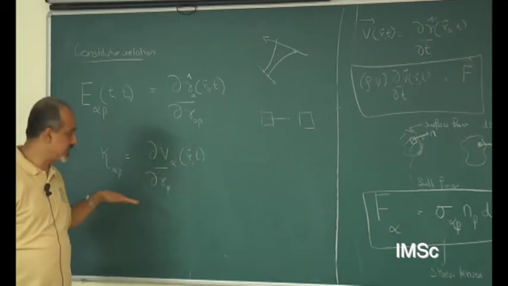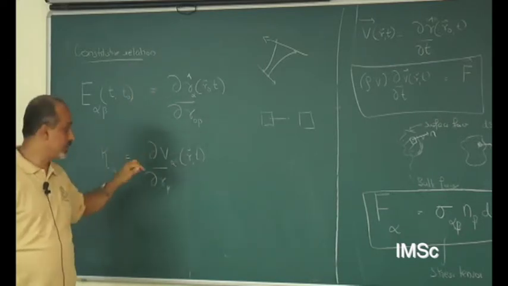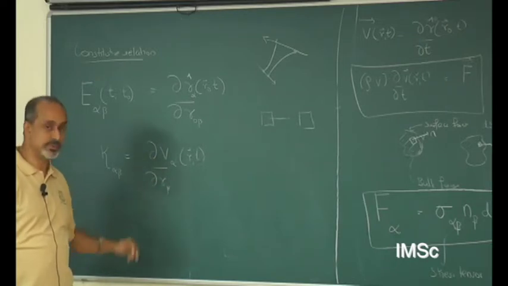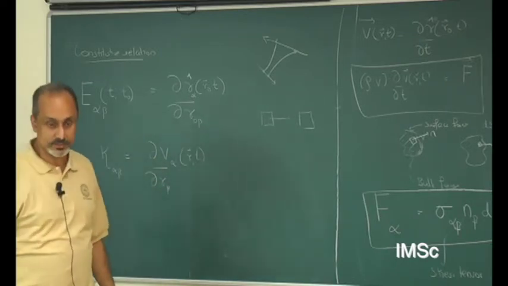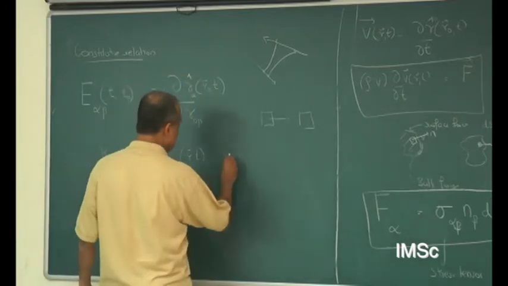For example, I could have velocities all in the x direction, but which varied in the y direction. So in order to describe that fully, I need to tell you about all the components, what all of these components are doing with respect to each other. Okay? This is called a velocity gradient tensor.